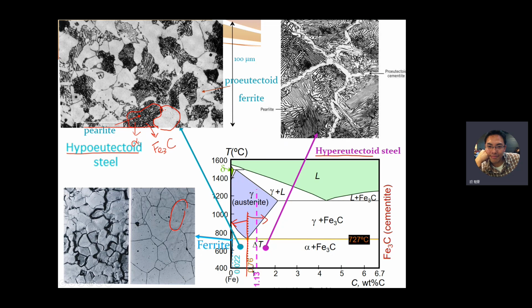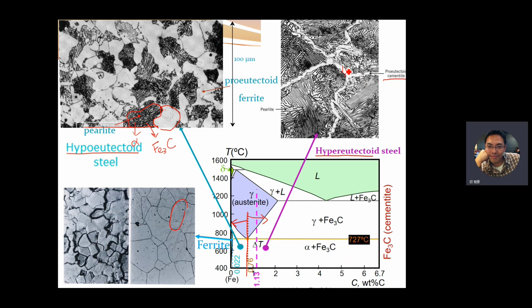And what's the structure of the hypereutectoid steel? What is the structure of the hypereutectoid steel? It shows that here it consists of proeutectoid cementite.